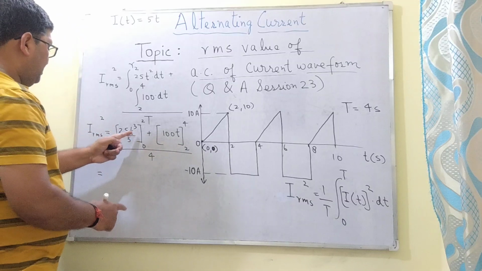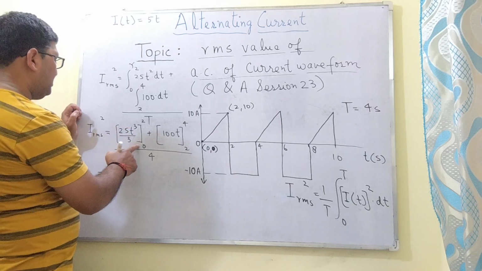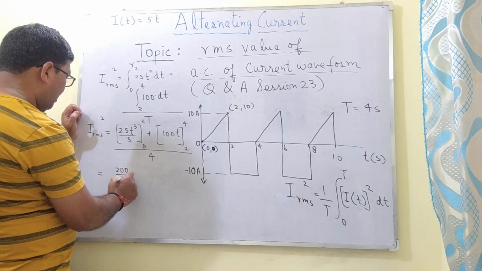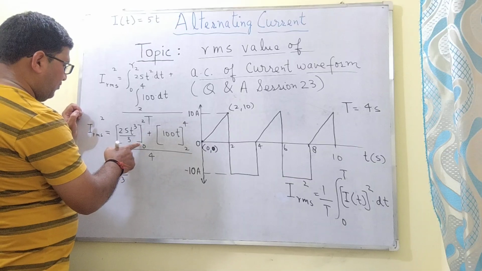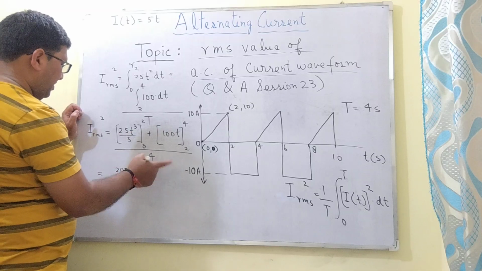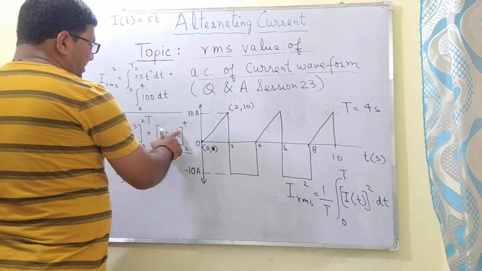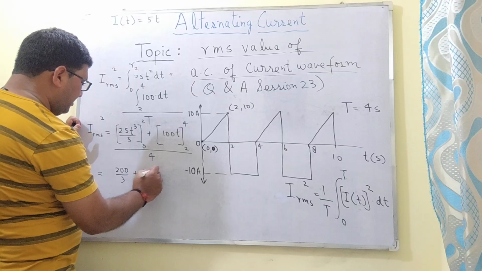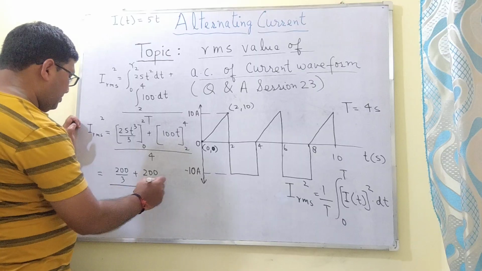So the value of 25 t cube upon 3 within the limits of 0 and 2 will be equal to 200 upon 3 minus 0, because 25 into 8 upon 3 is 200 by 3. Plus this will be equal to 100 into 4, which is 400 minus 200, equal to 200, divided by 4.